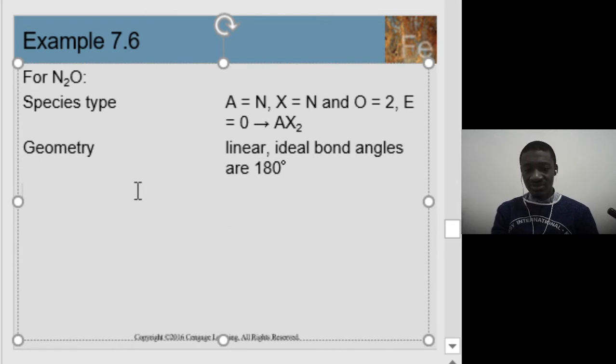Let me try to draw it down here so that you can see. So you have N attached to an N, and then attached to an O. Notice that N is the central and N is an attachment. Hence you have a straight line, a linear shape, because the central and attachment are kind of the same. There's no lone pair around it. So straightforward. So that's that.